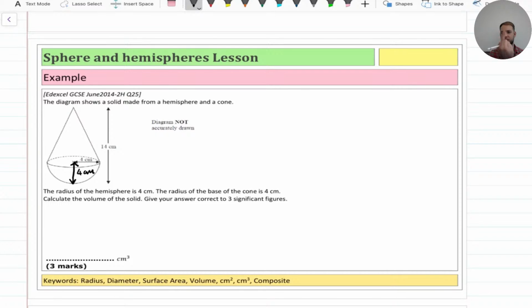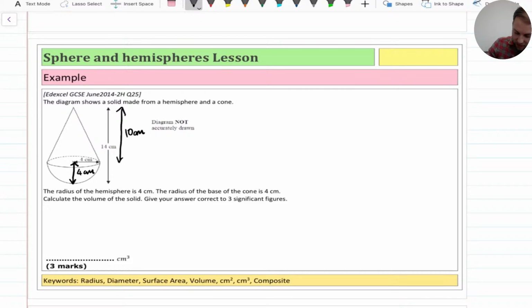Anywhere around that hemisphere is going to be 4 centimetres. Which tells me, this is the starting point, the vertical height of my cone, which is going to be 14, take away 4 centimetres. The vertical height of my cone is equal to 10 centimetres. And if you start to know that, then it becomes a little bit easier.